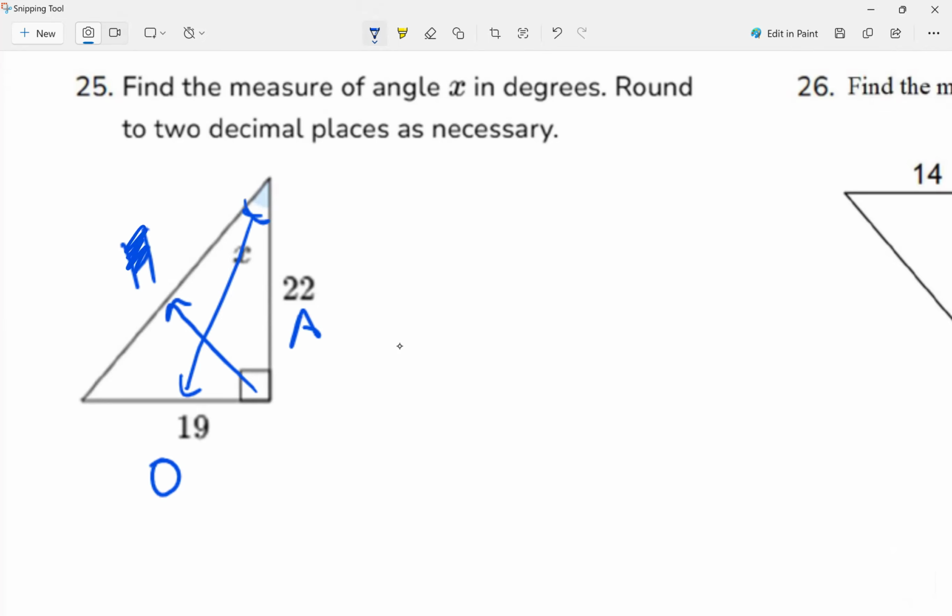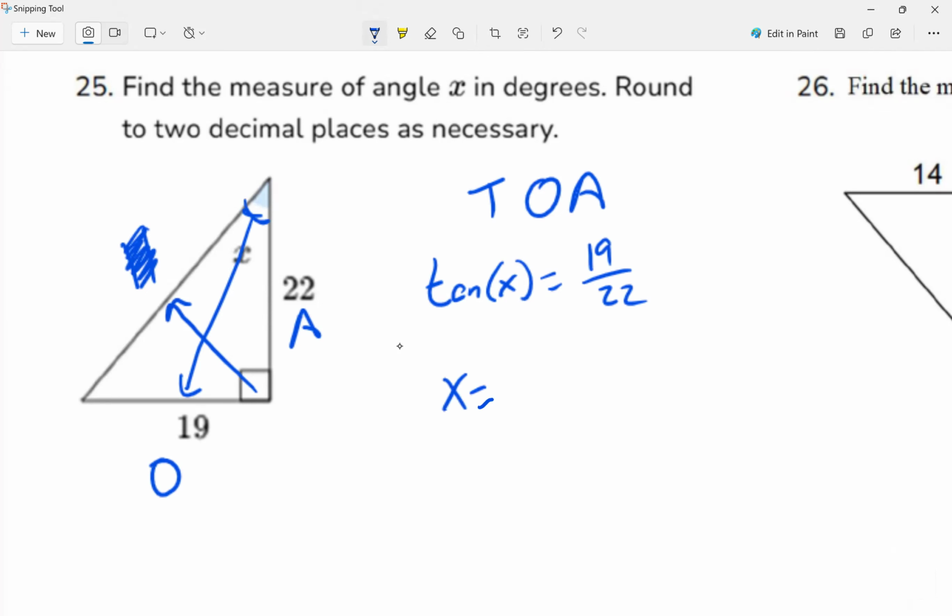I have no information about the hypotenuse, so I'm not going to use it. So the acronym that uses O and A is tangent. So let me write this as tangent of X is equal to 19 over 22. That means that X is equal to tangent inverse of 19 over 22.